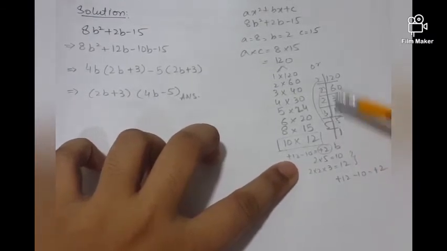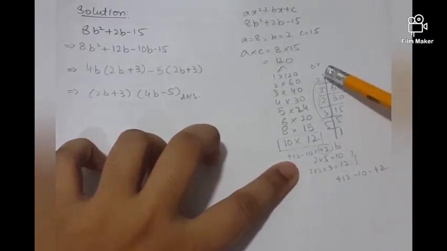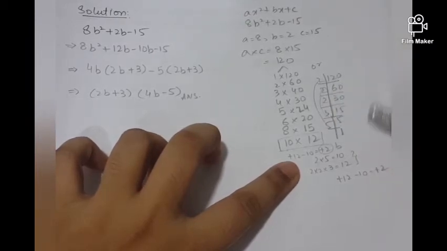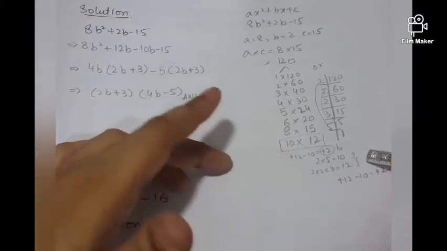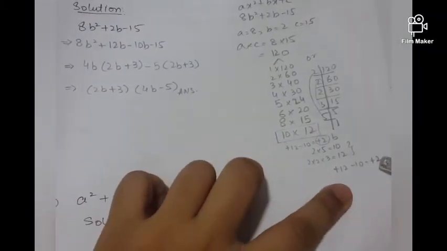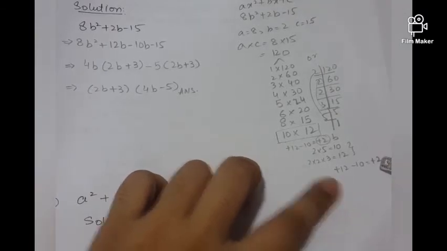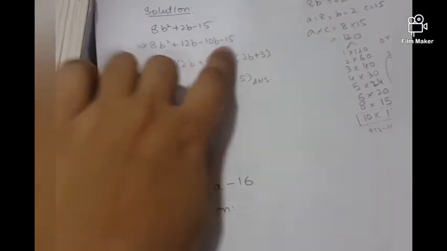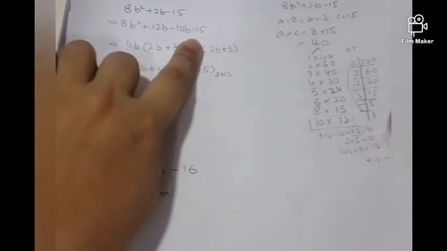This is very easy to find. You have to multiply the numbers in such a way that they give you your required answer. Now plus 12 minus 10 is plus 2. So the breaking will be 8b square plus 12b minus 10b minus 15.